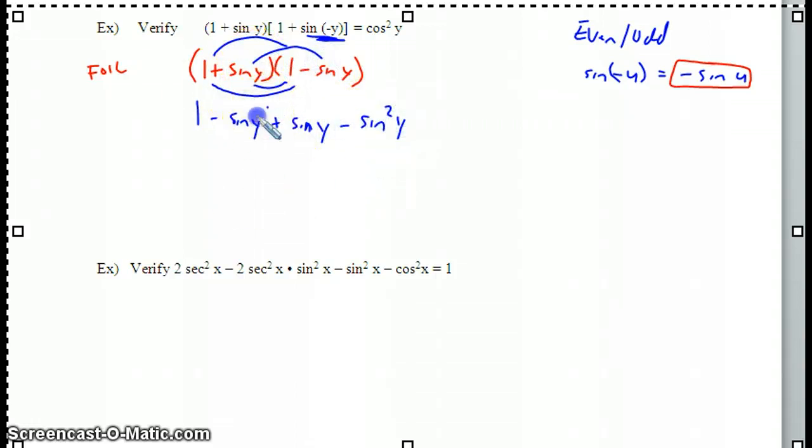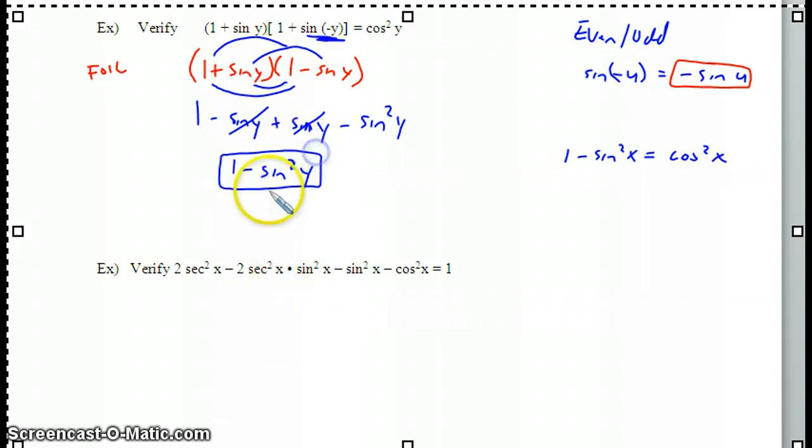And what will happen is the negative sine of y and the positive sine of y will cancel out. And hopefully now you're starting to catch on to these Pythagorean identities. There's a Pythagorean identity that says 1 minus the sine squared of x is equal to the cosine squared of x. So I can replace all of this with cosine squared of y, since our angle is y here, and now recognize that it equals the same.